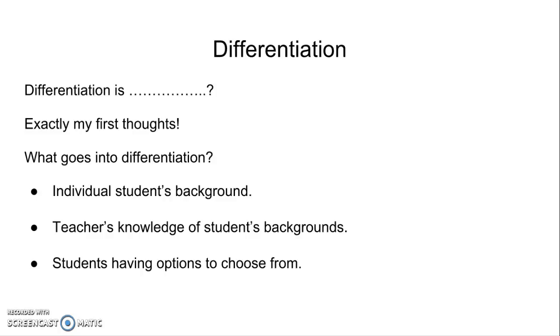So I want to talk a little bit about what goes into differentiation. Because it's dealing with individual students, it involves their background. We have students coming into a classroom from many different lifestyles found in the world today, ranging from gang-related to mid-range families and incomes to subsidized incomes.